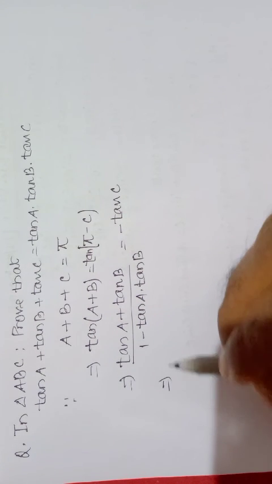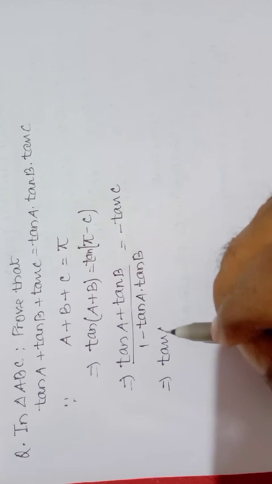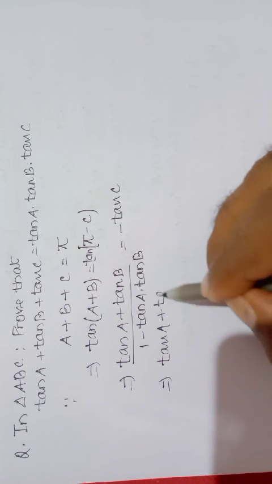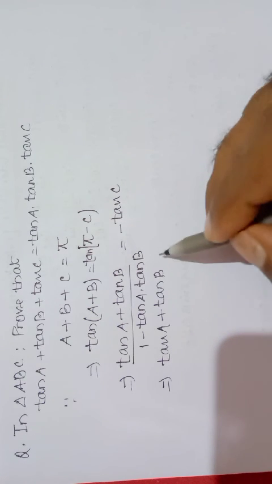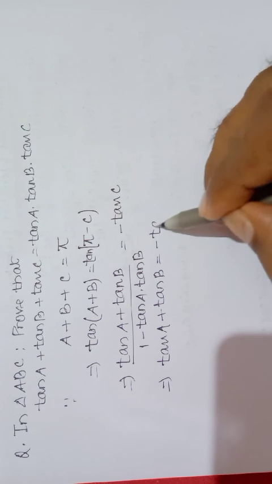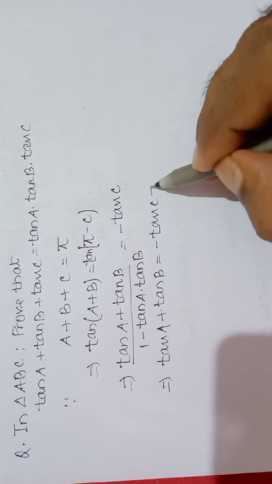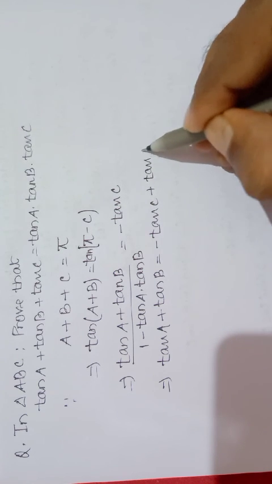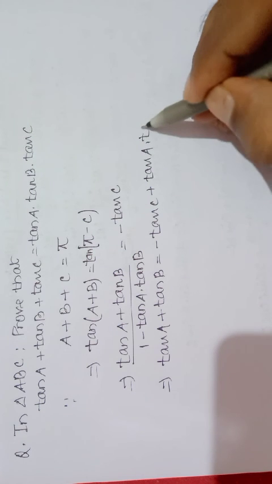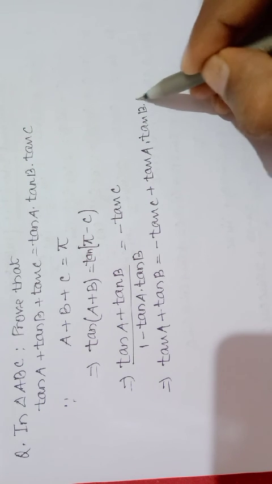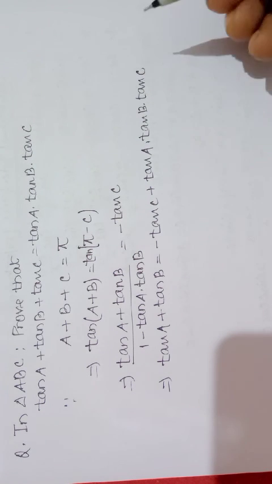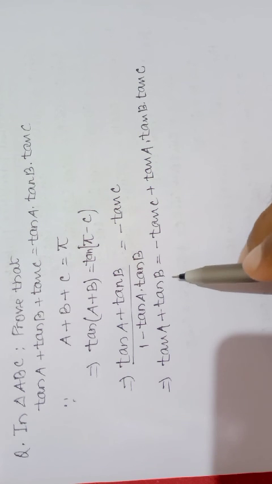Multiply crosswise, then tan A plus tan B is equal to minus tan C plus tan A into tan B into tan C, and make this tan C on the left side positive.